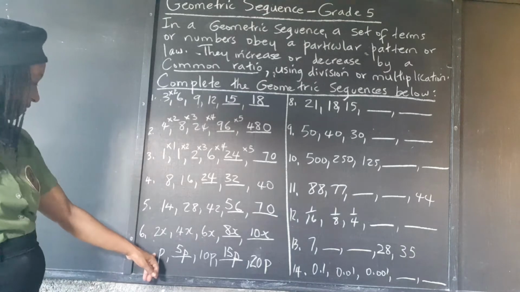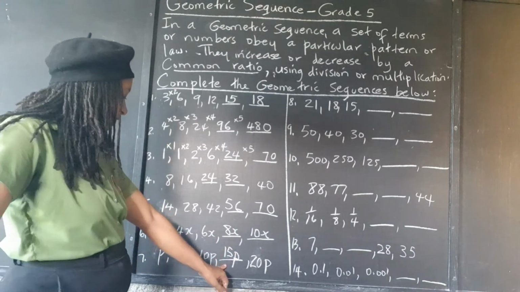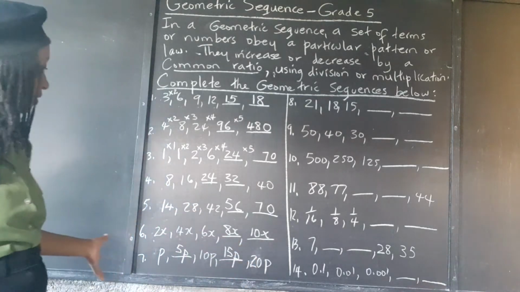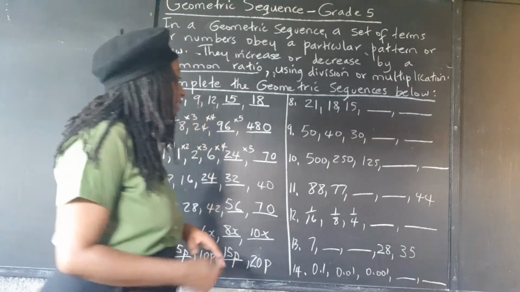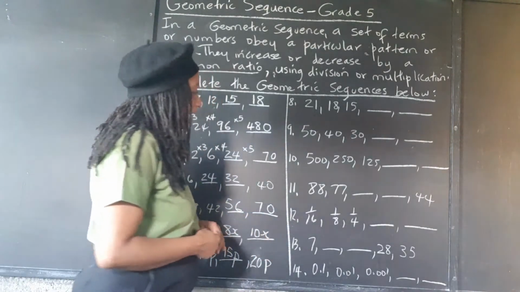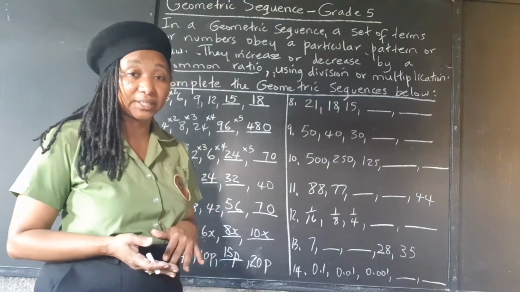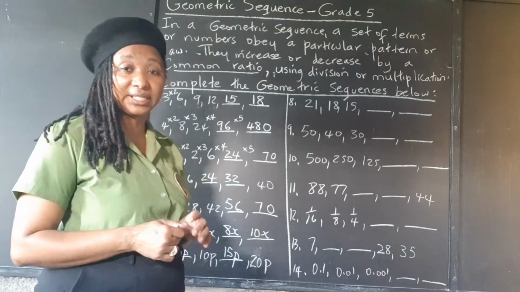5 ones are 5. 5 twos are 10. 5 threes are 15. 5 fours are 20. So these were advancing, these were ascending. So now let's look at some that are descending. And you can just look, because you should know your times tables. So you can just look at the numbers and see if they fit any of the times tables, right?